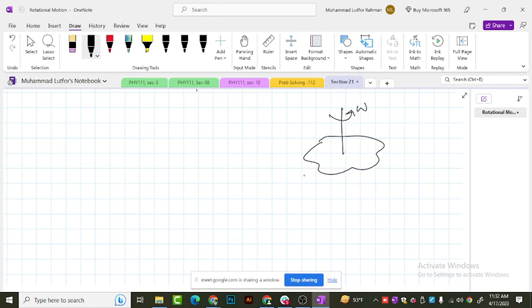Then the total system tries to rotate in that direction, right? If I choose a point mass over here, let's say mi, that will also be rotating. It has some linear speed in that direction, vi, and I also consider the location of this point mass from the rotational axis at a distance ri.